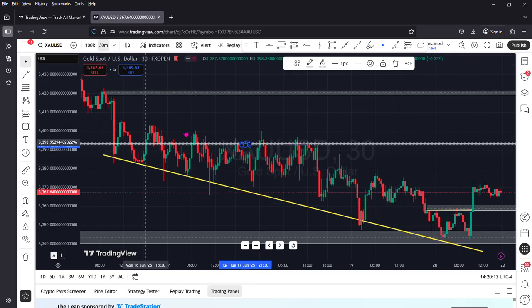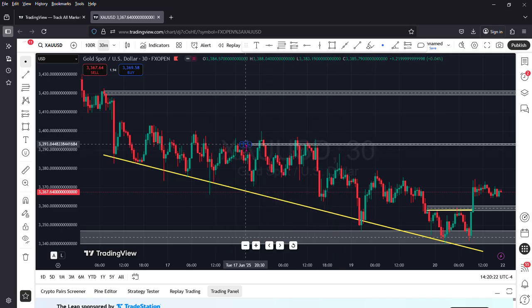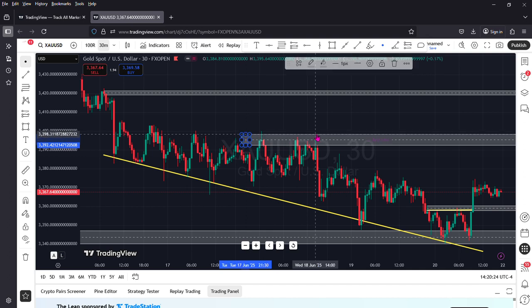Now this is the area we are seeing on the much lower time frame, the area we are refining to.